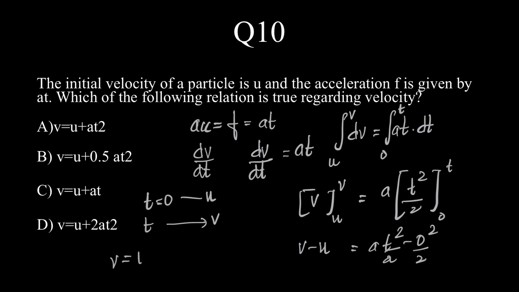Further means that v is equal to u plus a t square by 2, or v is equal to u plus a t square into 1 by 2, which is 0.5, which makes the correct answer as option B.